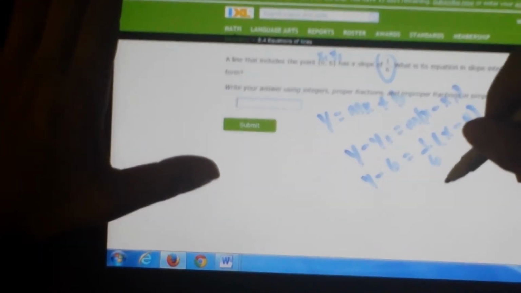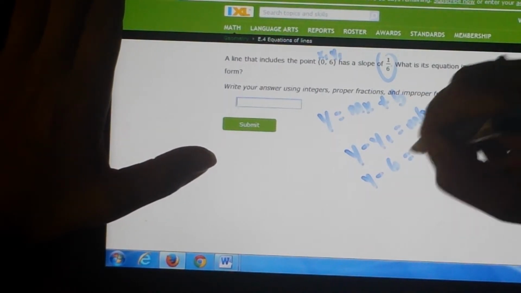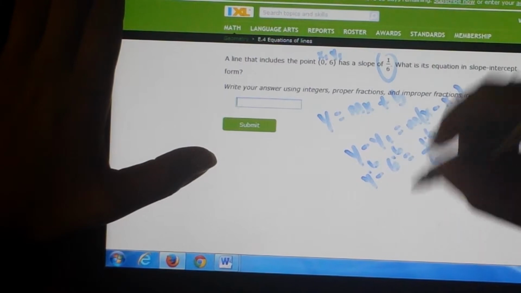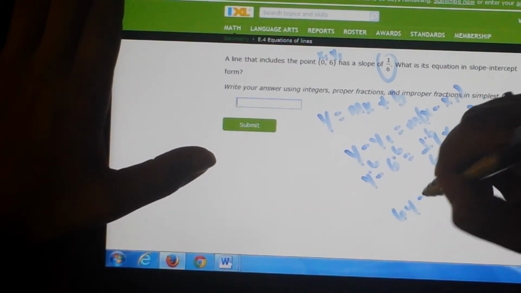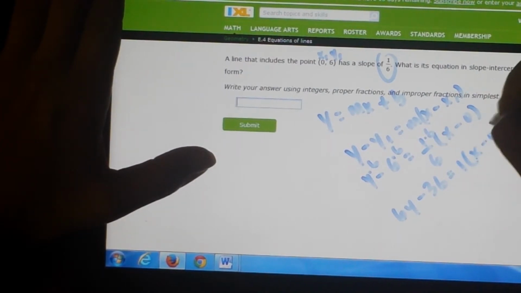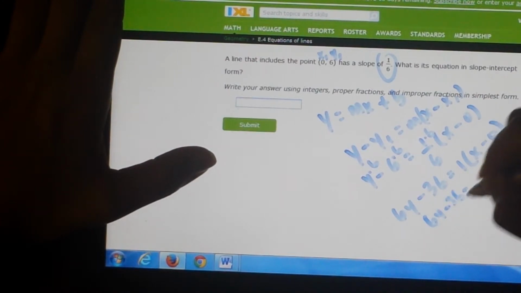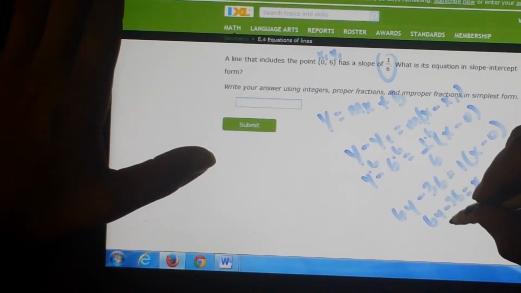Okay, so get rid of the fraction. Remember, multiply everything by 6. So I'm going to get 6y minus 36 equals 1 times 6 is 6, divided by 6 is 1, x minus 0. Open the house. 6y minus 36 equals x. 1 times 0 is just 0, so x. Solve for y.